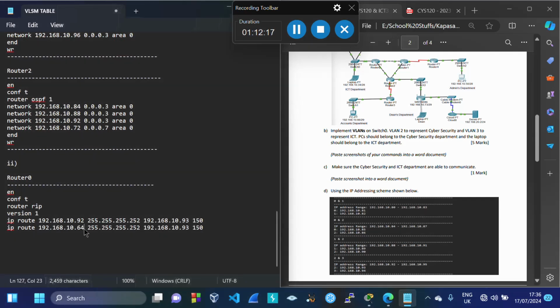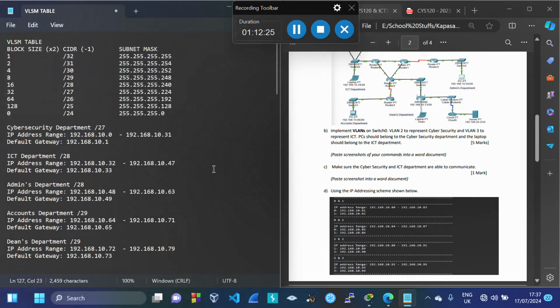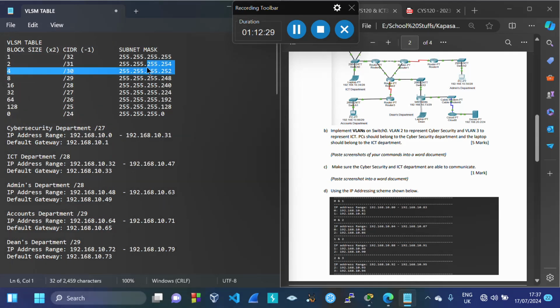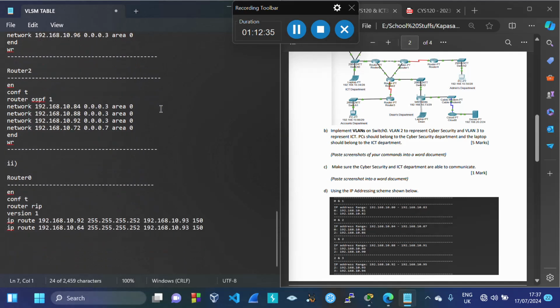Then what's the mask for the accounts department? We are saying /29. For a /29 mask, we are going to check here. It's 248, as we can see. So I'm going to change 252 to 248, because that's the mask for that.